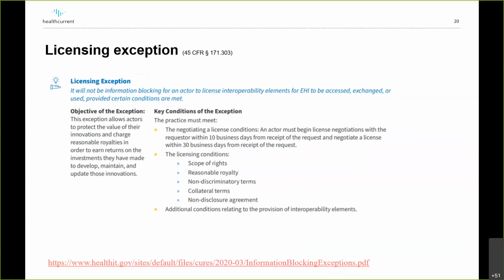But the idea behind these is that ONC recognizes that there are business reasons why you want to put conditions on how EHI is accessed and used, as well as fees to recover the costs of providing data exchange services, for instance. And you can do that level of interference, imposing conditions, imposing fees, so long as you meet the requirements of the safe harbor, again, assuming that you want to qualify for the safe harbor.